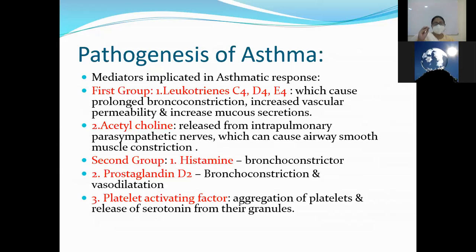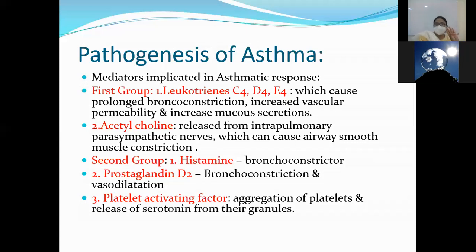Mediators are divided into three groups. The first group includes leukotrienes and acetylcholine. Leukotrienes include C4, D4, E4. Clear? These leukotrienes cause prolonged bronchoconstriction, increased vascular permeability, and increased mucus secretion.